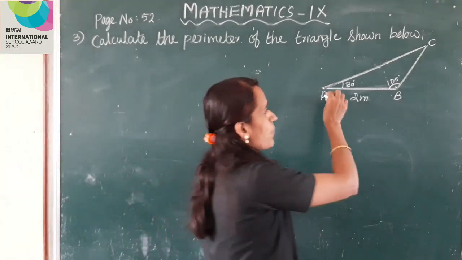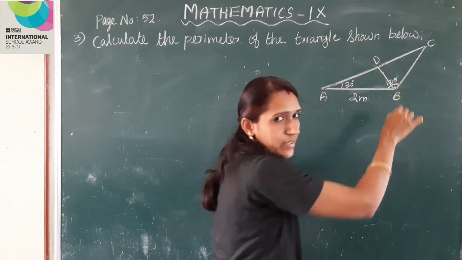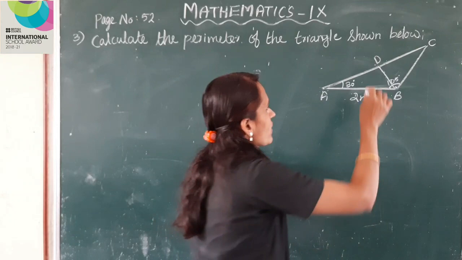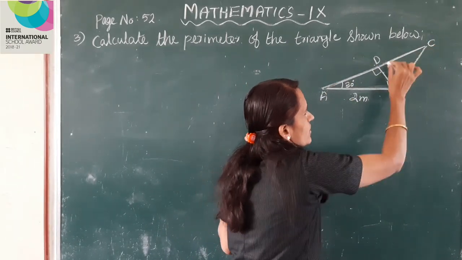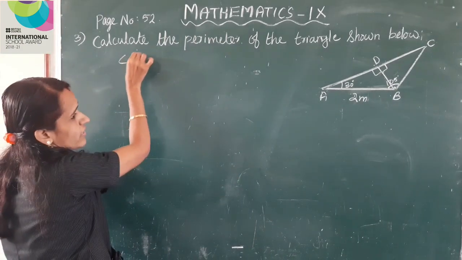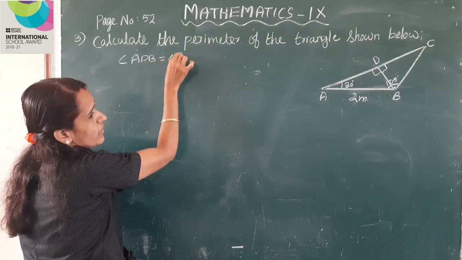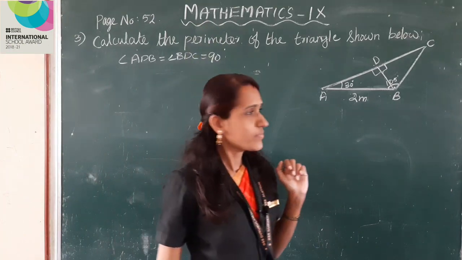In triangle ABC, BD is drawn from B perpendicular to AC. So angle ADB and angle BDC are 90 degree. Angle ADB is equal to angle BDC is equal to 90 degree.